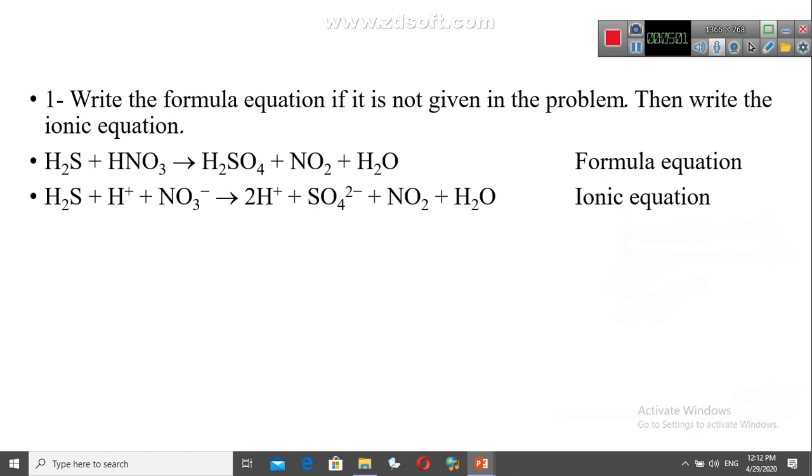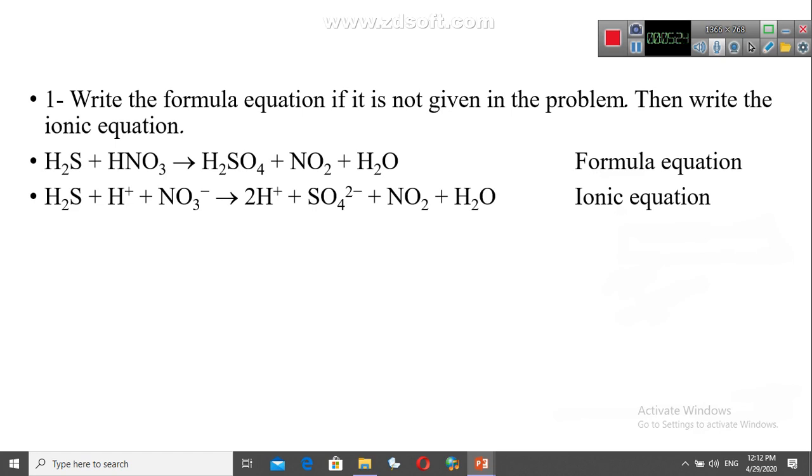For nitric acid, HNO3. For sulfuric acid, H2SO4; for nitrogen dioxide, NO2; water, H2O. After we write the formula equation, we convert it to the ionic equation.